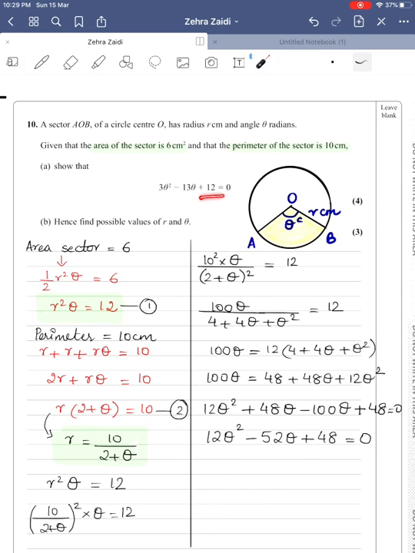And we have 12, and 12 times 4 is 48. So if we divide both sides of the equation by 4, we will get the required equation. On the left hand side we are left with 3 theta squared minus 13 theta plus 12, and on the right hand side we have just 0, and this is the required answer.